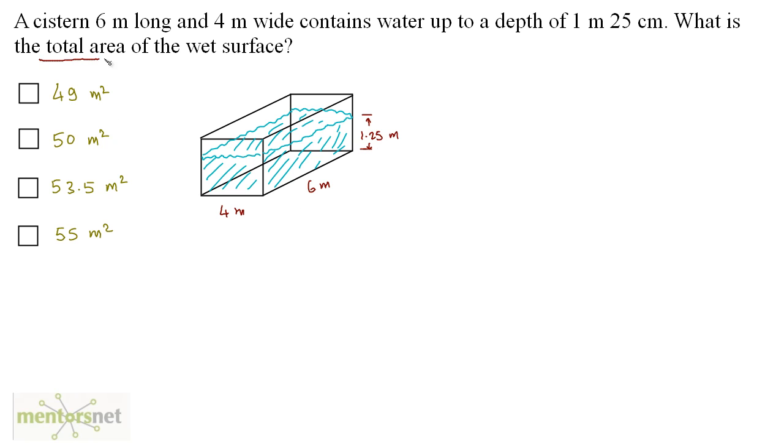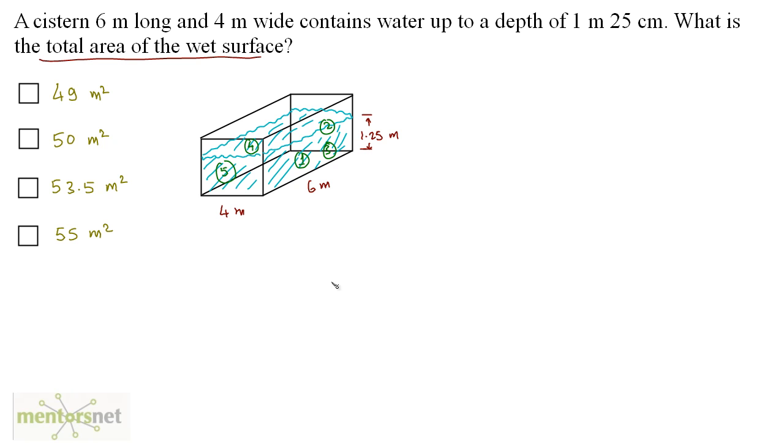And we have been asked what is the total area of the wet surface. Well, how many surfaces are wet? Let us count them. This is 1, the base, and this side one is 2nd, the right one is 3rd, and this one is 4th, this one is 5th, right? So there are in all 5 surfaces which are wet.